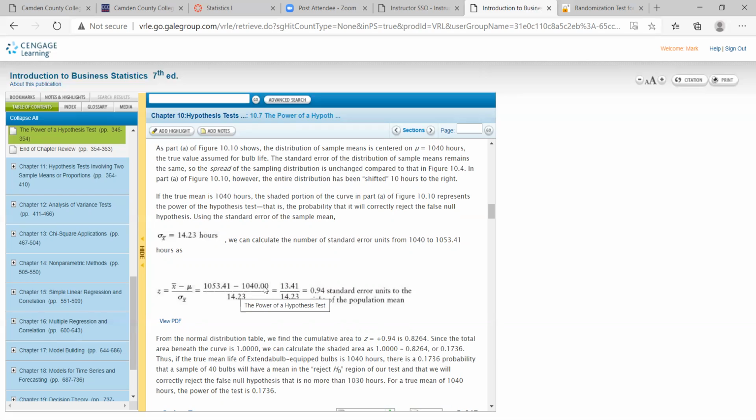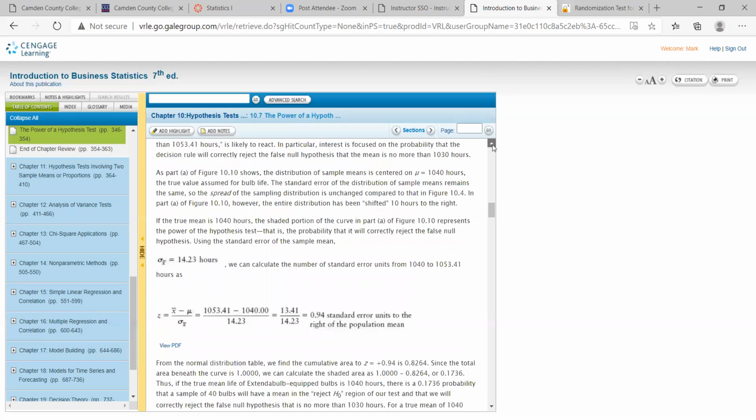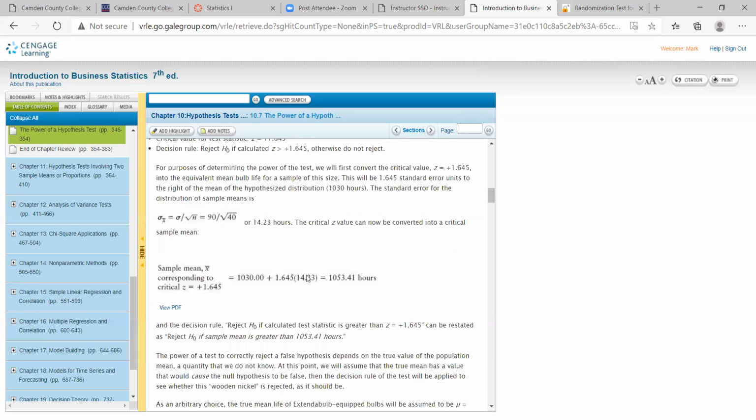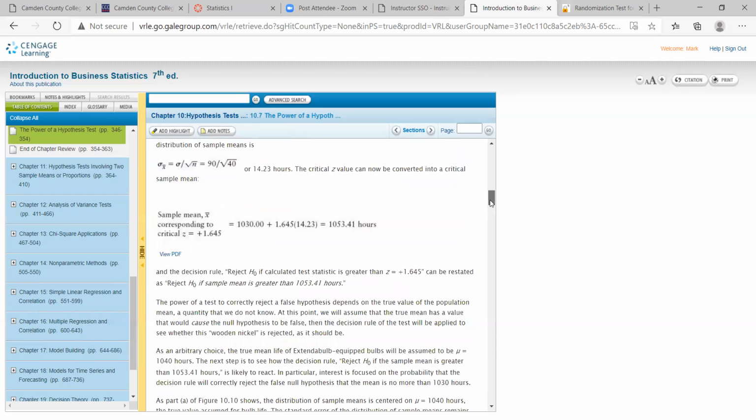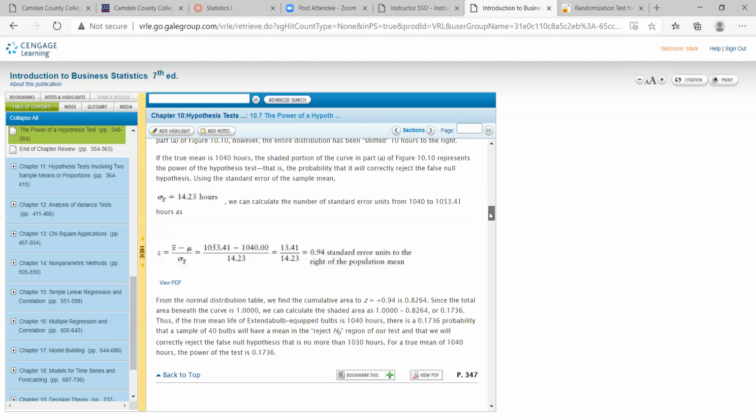But instead of subtracting 1030, which is the null hypothesis, we're assuming the mean to be 1040. Suppose the standard error, sigma divided by the square root of n, is 14.23. So we're going to calculate our z statistic based off of this, and it's going to come out to 0.94.